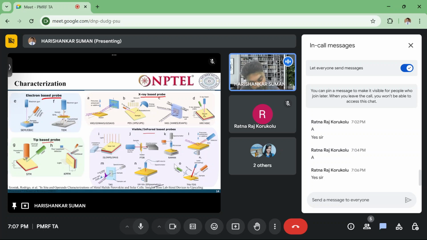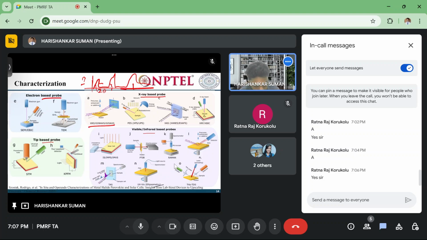In XRD, the pattern of the material looks like 2 theta versus intensity, like a peak we will get at a specific angle.